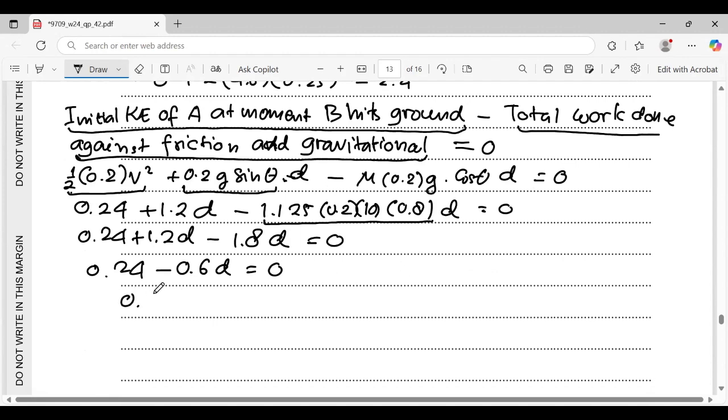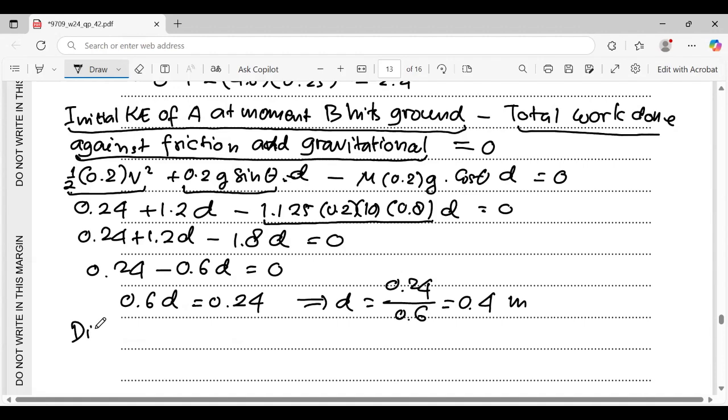It means 0.6d equals 0.24, so d equals 0.24 divided by 0.6, and it is 0.4. So d equals 0.4 meters.